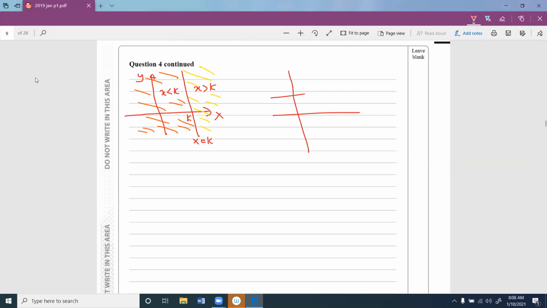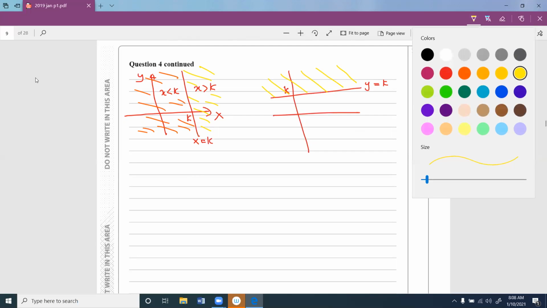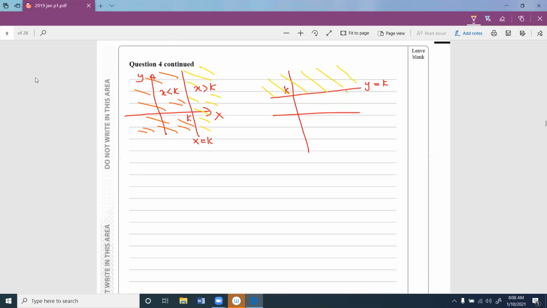If you draw a horizontal line, and this value is k, this is y equals k. This line divides the plane into two different areas. The first area is the area above k, and the other is the area below k.